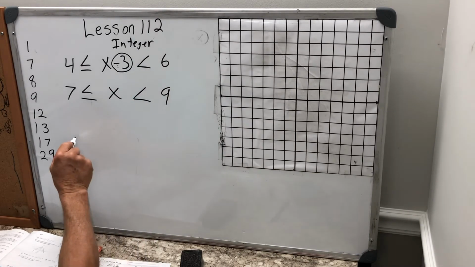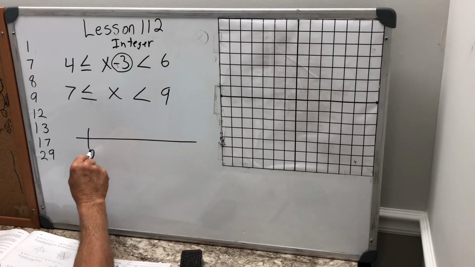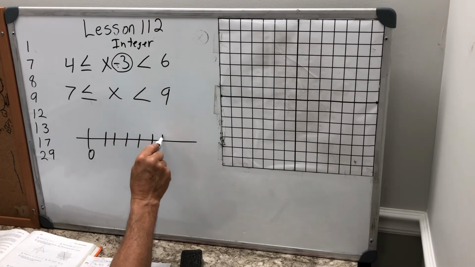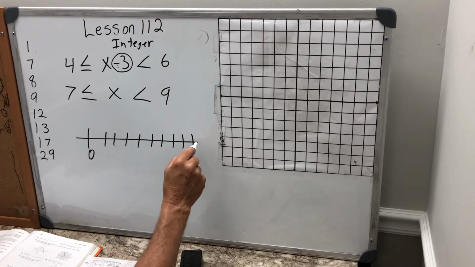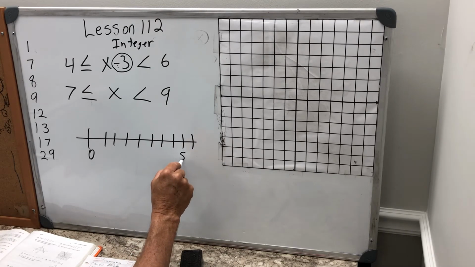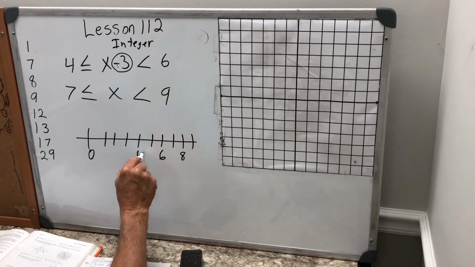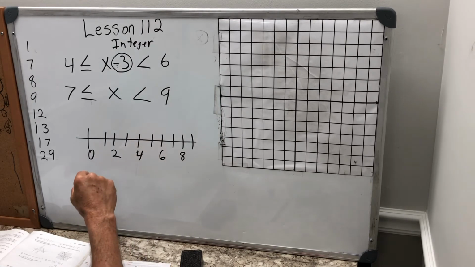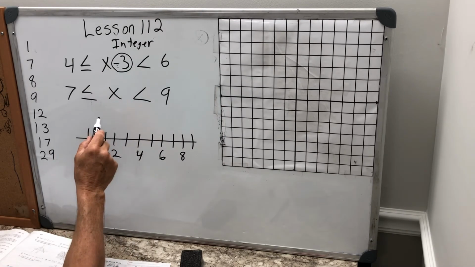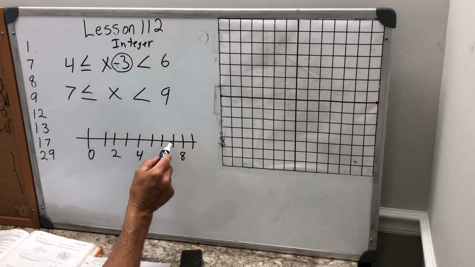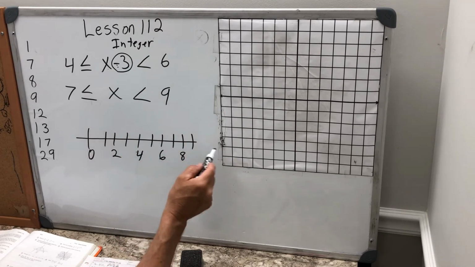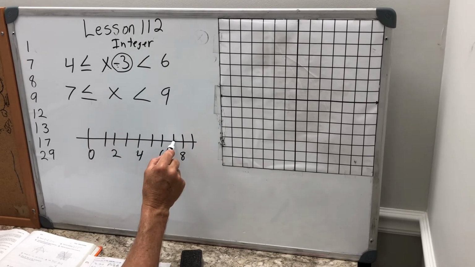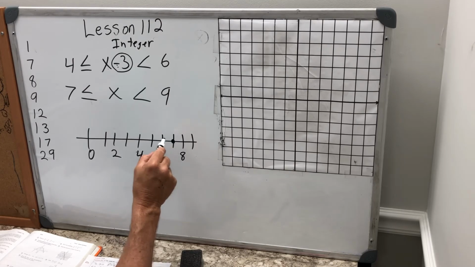Remember, it's integers, okay? Here's our number line. We might as well just use 0, 1, 2, 3, 4, 5, 6, 7, 8, 9. Right here, 7x is greater than or equal to 7. Here is 7 greater than or equal to 7. We want to put our first one, it's an integer, so we just put a solid dot.